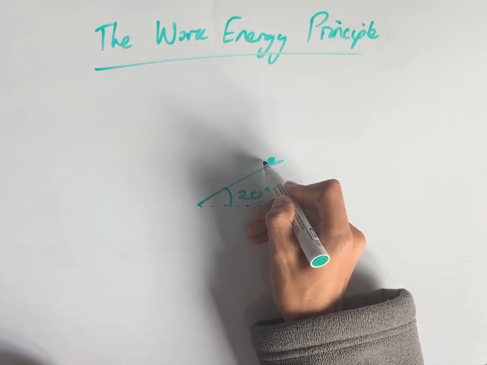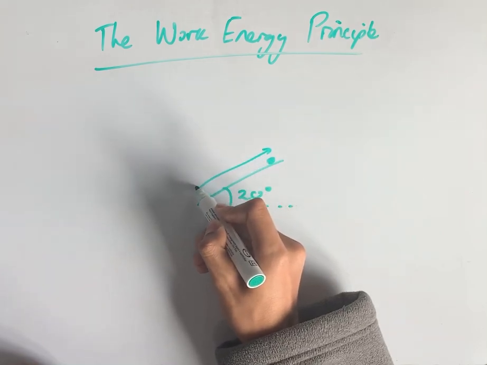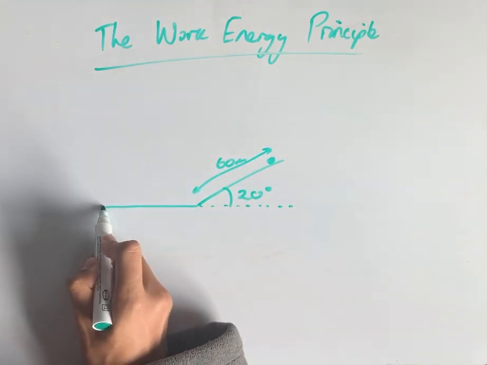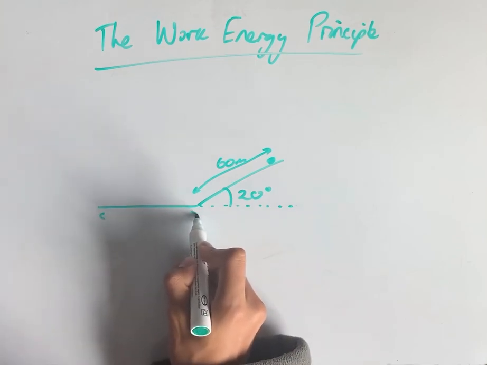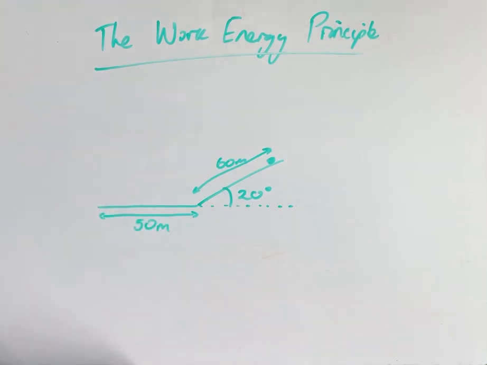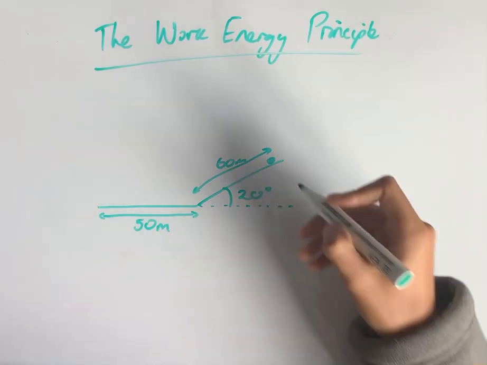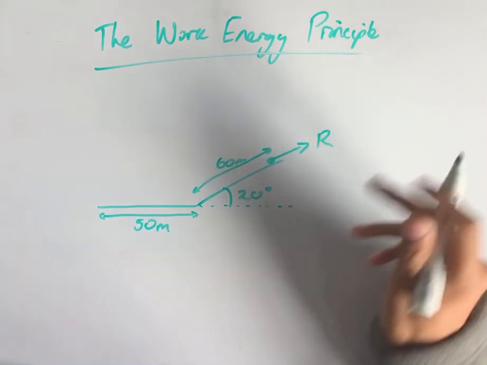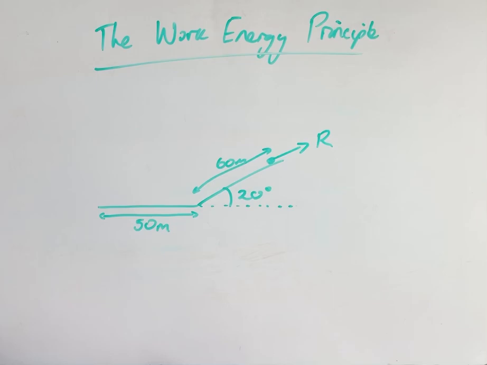And it goes down 60 meters before flattening off, where the particle travels another 50 meters. Now, on most diagrams, we like to draw forces, but given that this is an energy related question, it's not necessary. So we're only going to be drawing on the resistive force, which acts in this direction as R.